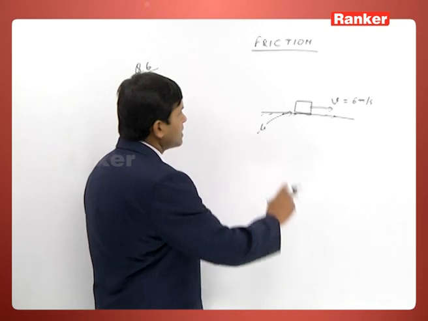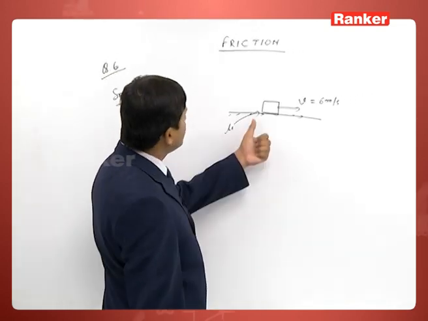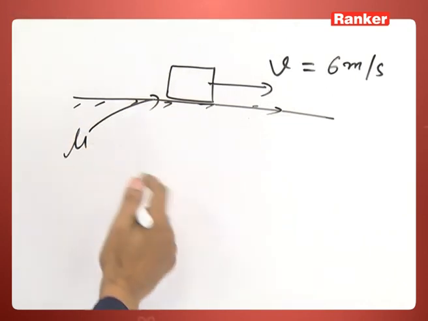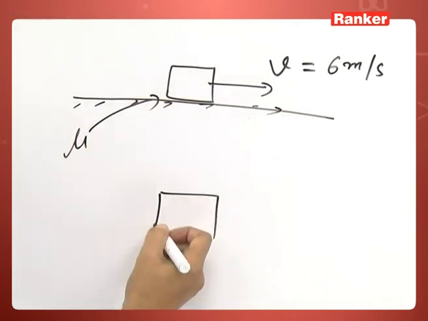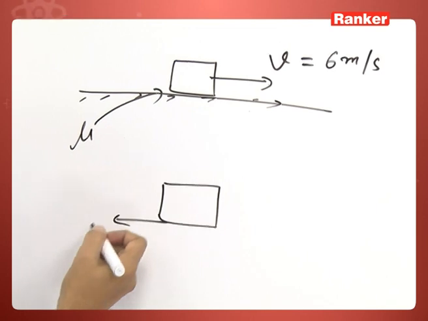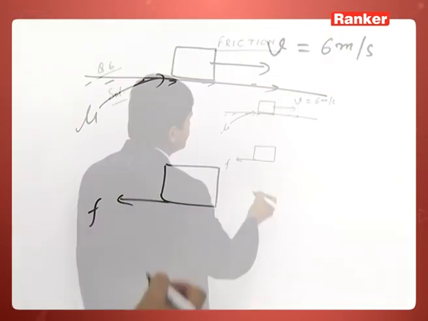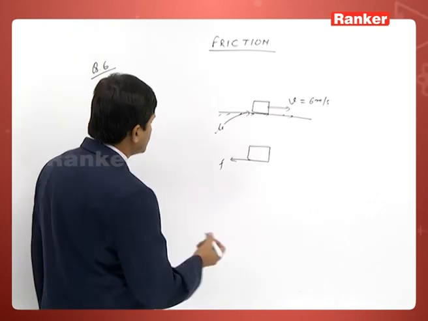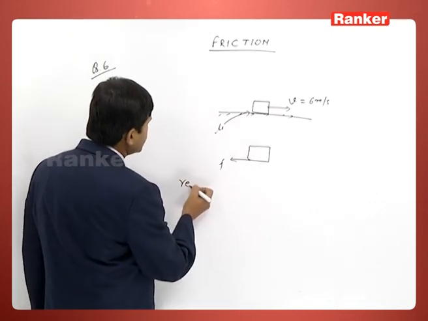See, what is responsible for stopping this block? Definitely there must be a friction force, and that friction force is acting in this direction. So that friction force can produce a retardation.